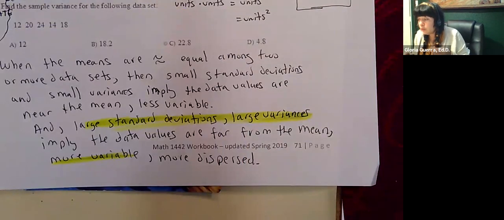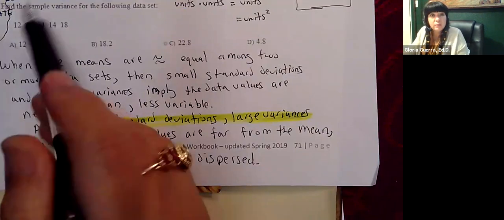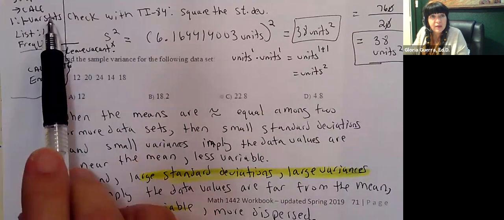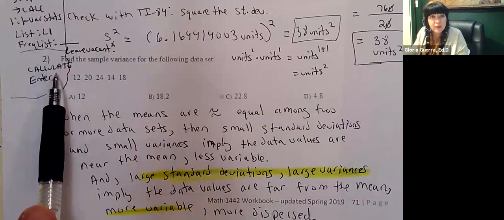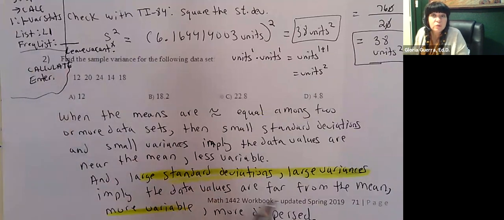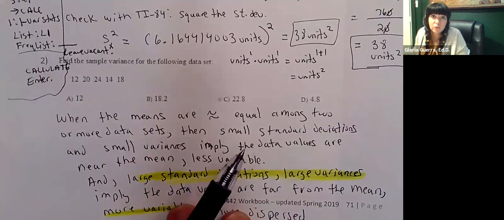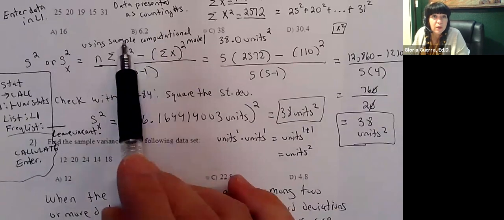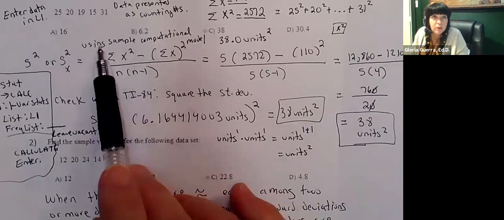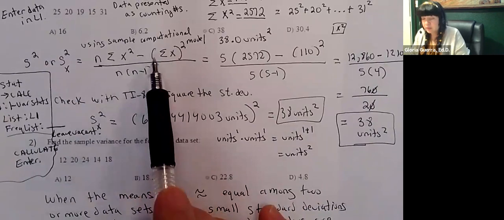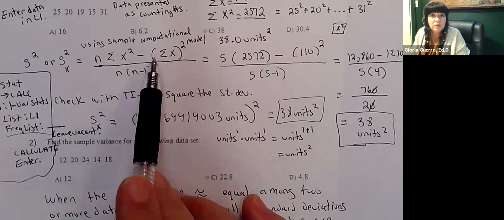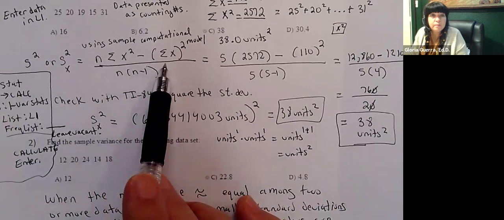The quick way to do it is to type that in and use this one variable stats and get that value out of it. But the long way to do it would be to use this formula.